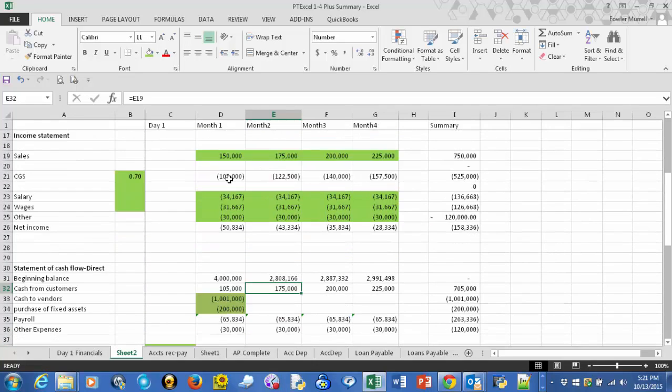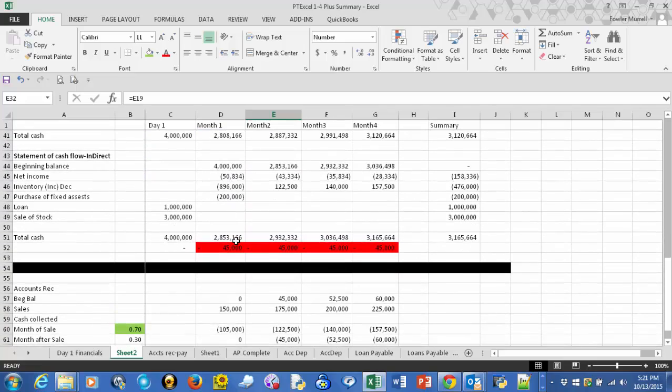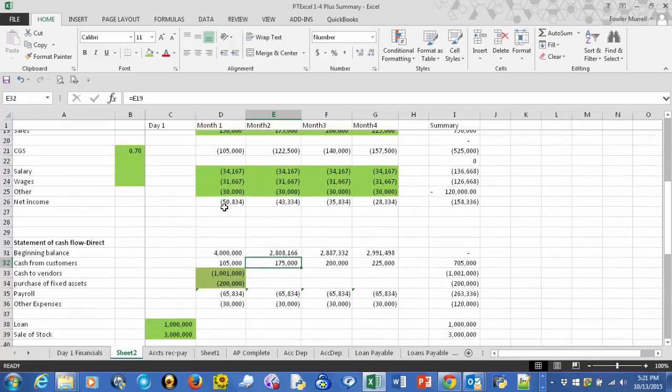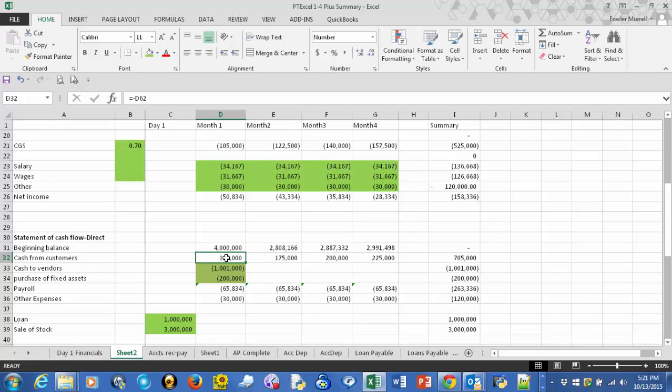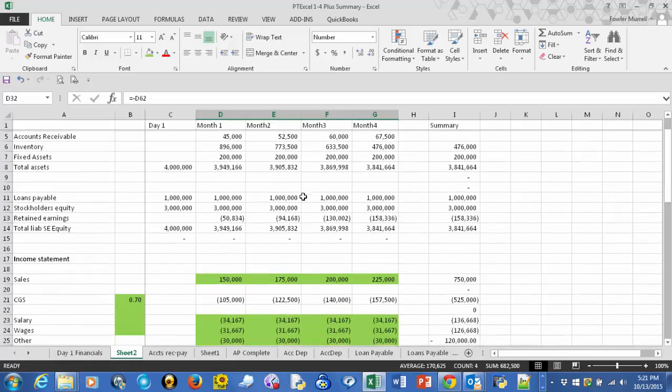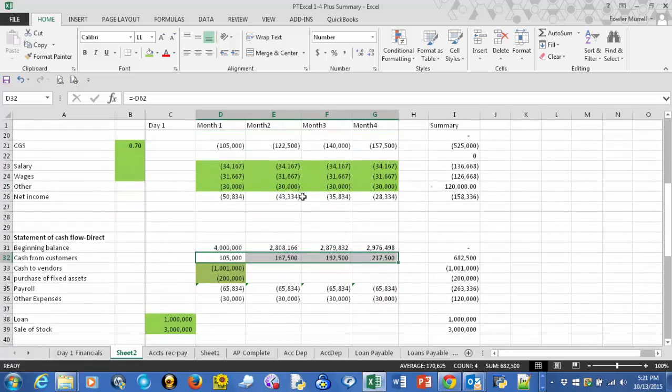The red here has gone away. The red here is showing up, and that'll be fine. We'll fix that too. And when we make those changes, we want to drag these things across so that we get all of the cash that's collected. So all of the red has gone away in the balance sheet.